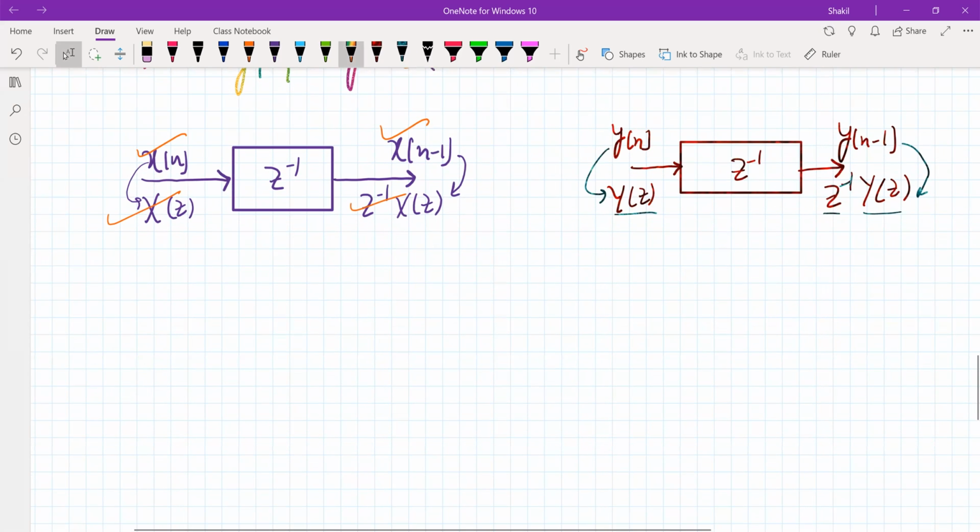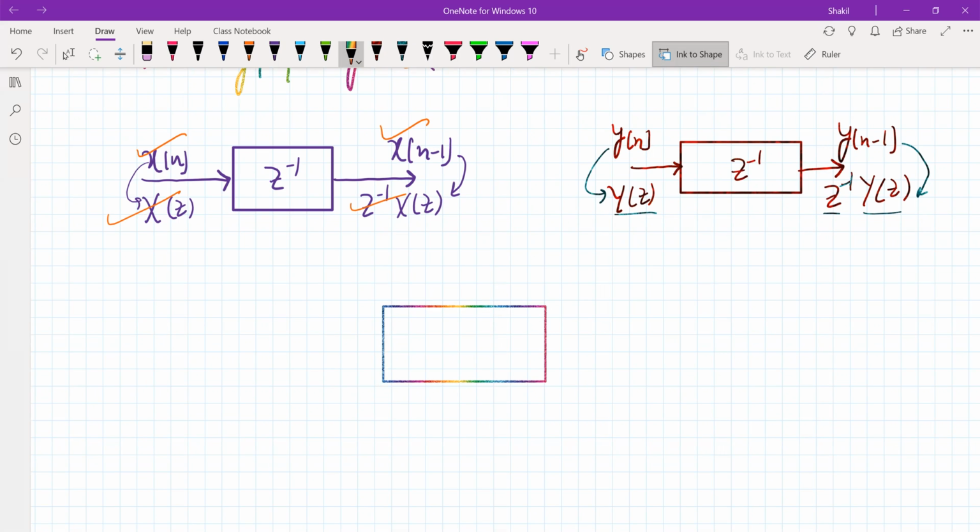Now let me show you one more example of a delay element. Suppose this box represents our delay element, or the memory element. If the input is now y of n minus 1, the output will be simply y of n minus 2, meaning delaying the input by 1 sample time.